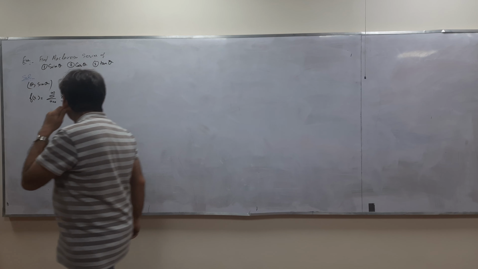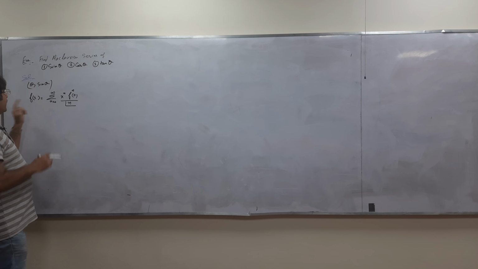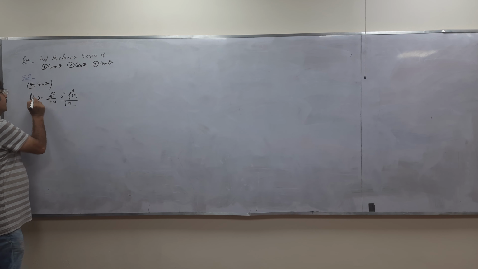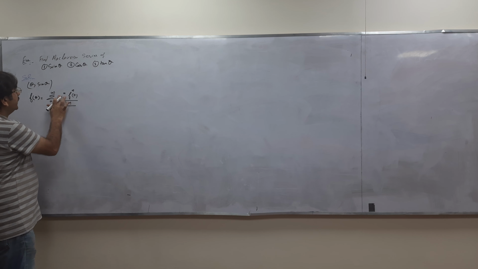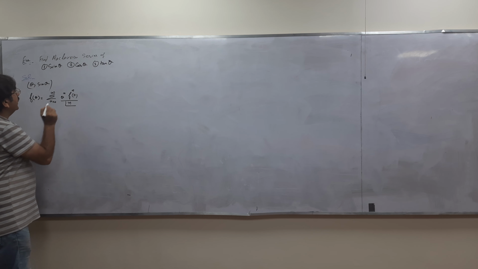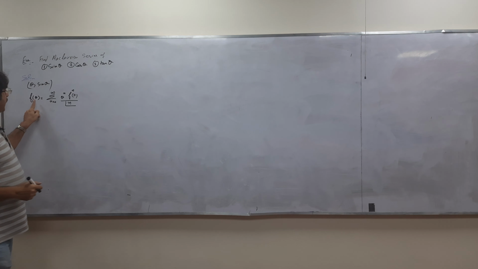Maclaurin series. Okay. So as we know, here this is not x. Here instead of x there is theta, and x will be replaced with theta. Here x means the domain element. So if there is a theta, then that will be theta power n.